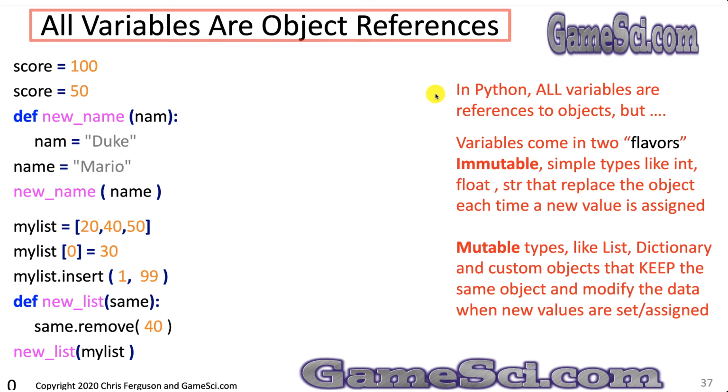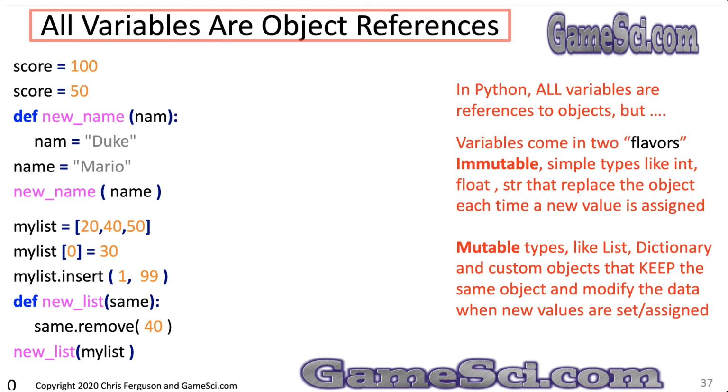In Python, all variables are references to objects, but they come in two flavors. Immutable objects, simple types like int, float, string, replace the object each time a new value is assigned, and mutable types like list, dictionary, and custom objects keep the same object and modify the data when new values are assigned.